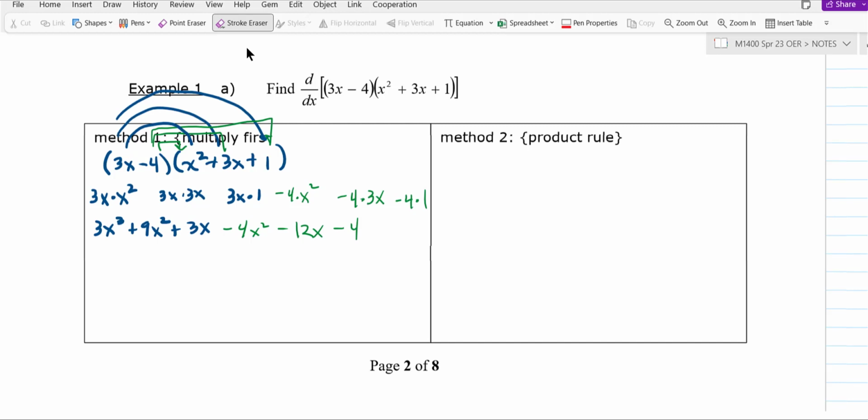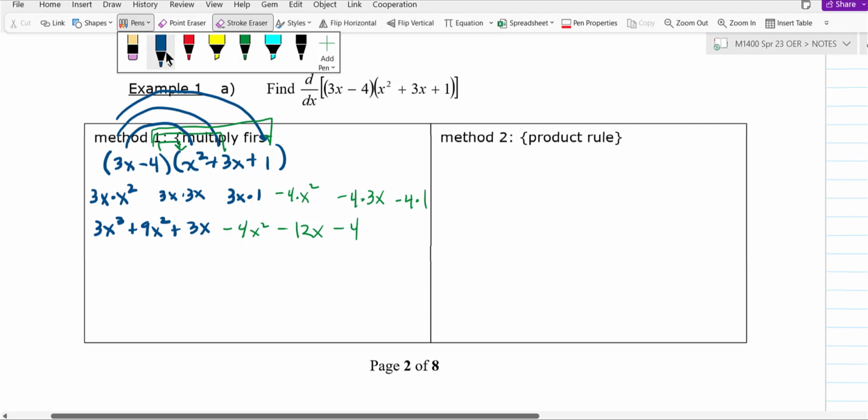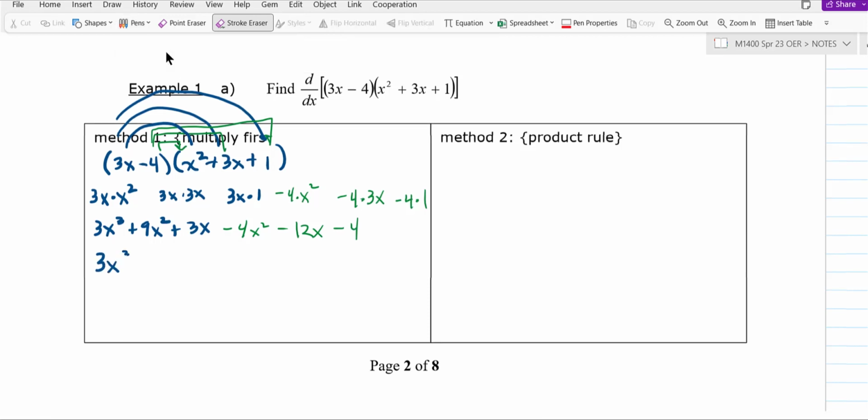Are there like terms that I can put together? Yep, so you want to do that. Keep it as simple as you can. So 3x to the third comes down. I like to just cross things out for myself to let myself know that I'm done with that part of the problem. Then 9x squared minus 4x squared is positive 5x squared. You're just telling me how many of those you have.